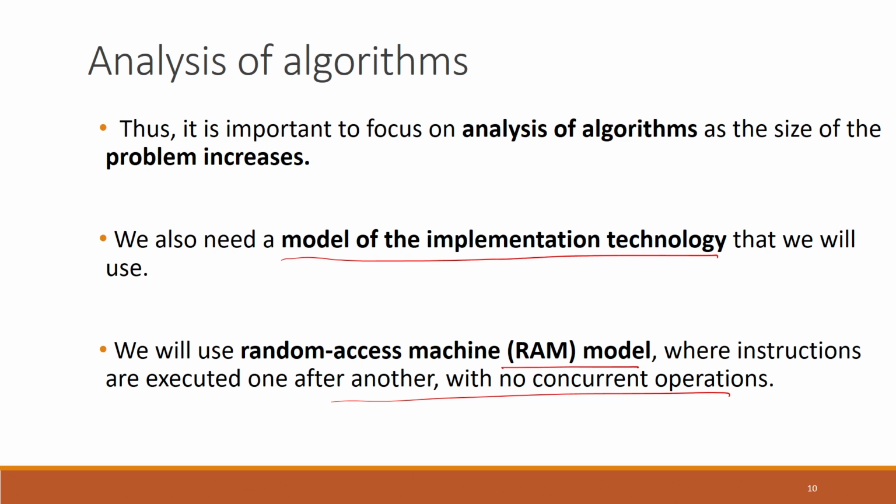Now, there are models where you can have parallel processing also, where multiple operations may be run in parallel, but while analyzing these algorithms we will be assuming the RAM model, where the operations will only be implemented sequentially one after the other, and not concurrently or simultaneously.